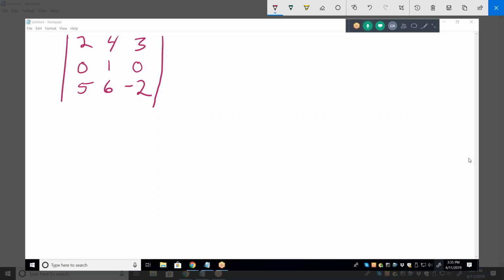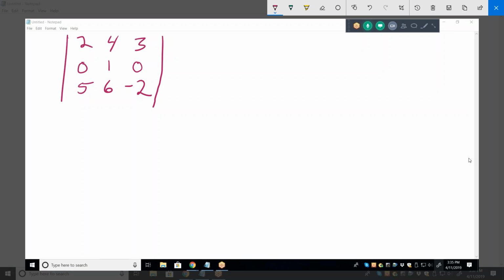What do they mean by just find the determinant? Don't know what that means. I can figure out how to figure out the determinant.